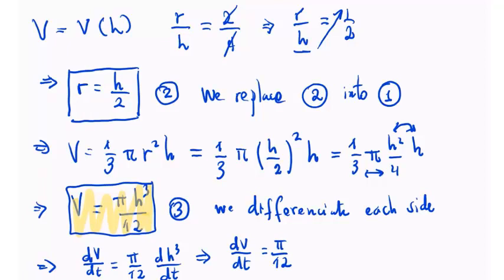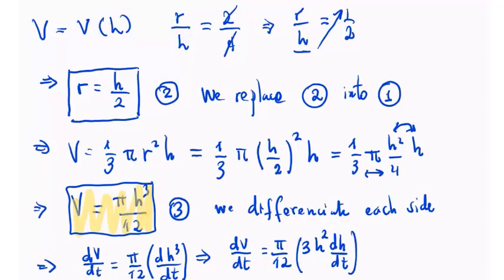The derivative of h cubed is 3h squared dh/dt, okay, guys?